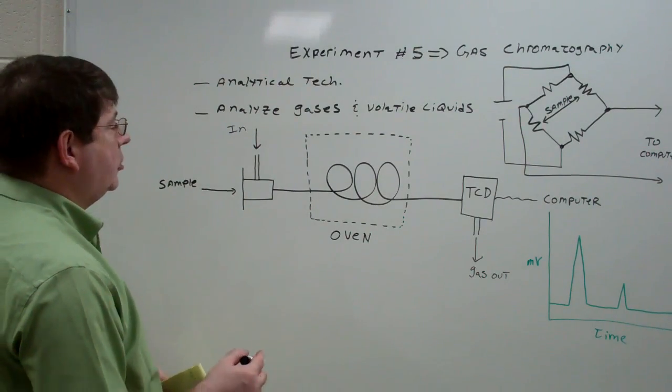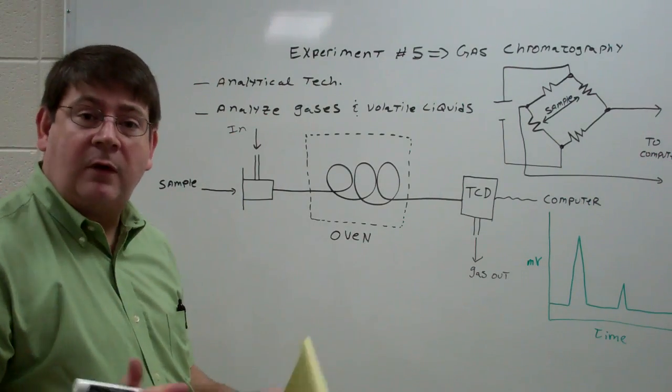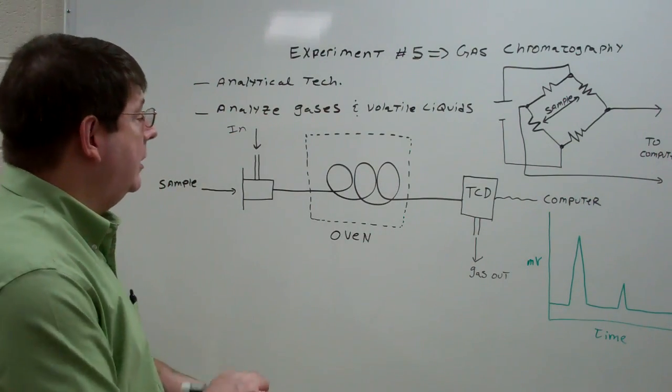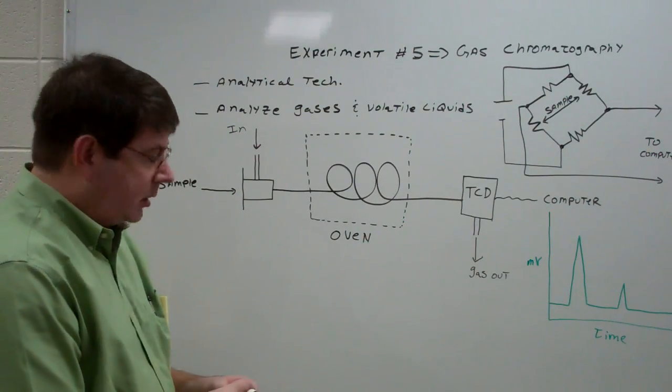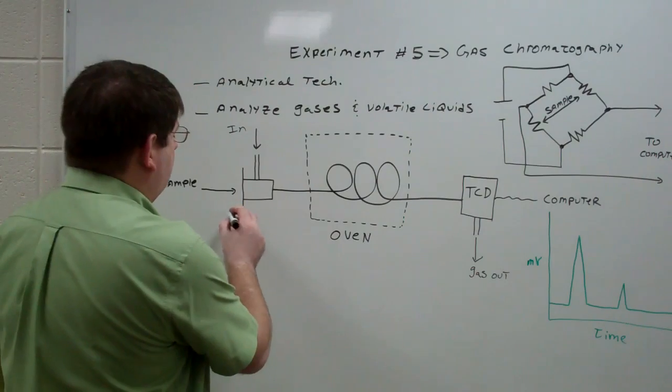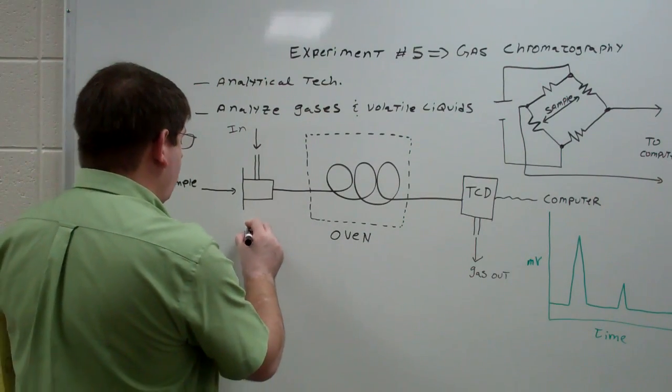Well, all gas chromatographs, whether you're talking about the simple GCs that we have in our teaching laboratories or very sophisticated research grade gas chromatographs, all have some components in common. The first component that they all have in common is a heated injection port.